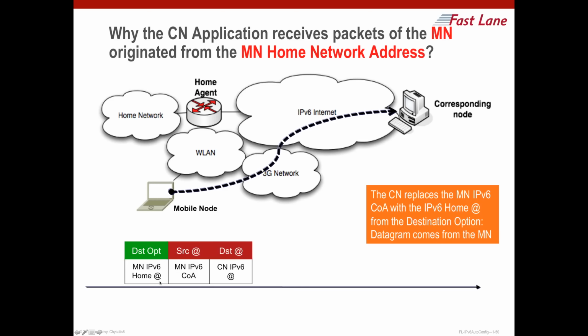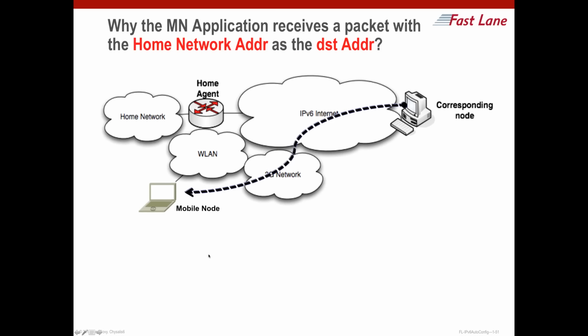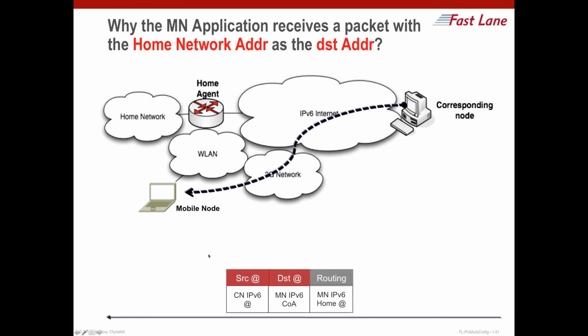And one more time, when the application on the corresponding node is receiving the packet, it is received from the mobile node's home address and not the care of address. And in the other direction, it is also using another option header. This time it is a routing header.